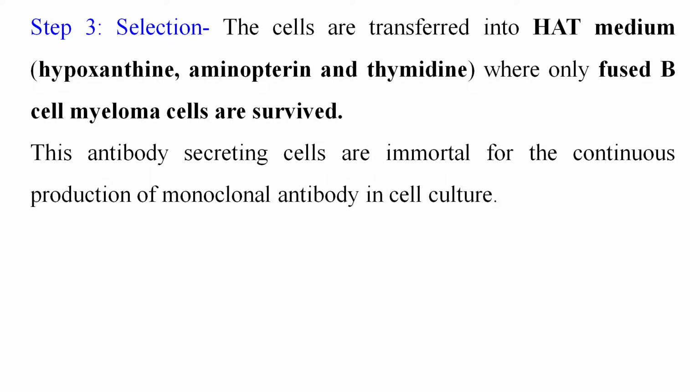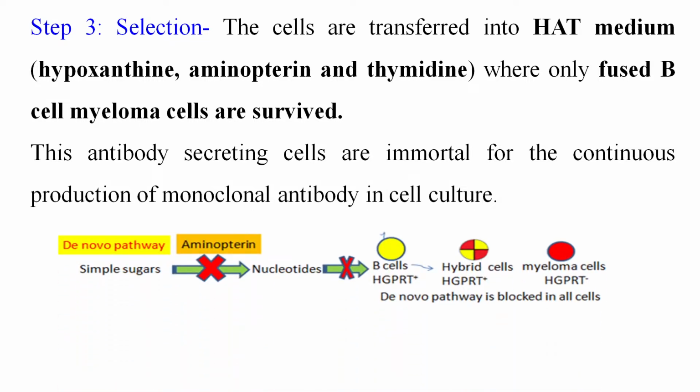So what happens in this medium? For the nucleotide synthesis, we had the classical pathway which is known as the de novo pathway. This de novo pathway is blocked by the aminopterin that is present in the media. So the aminopterin will block the de novo pathway of all the cells.